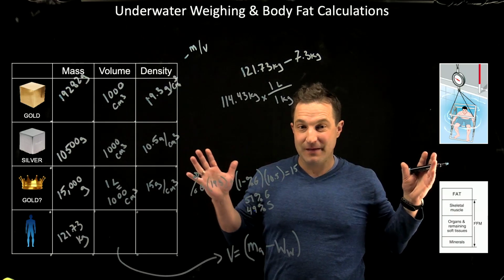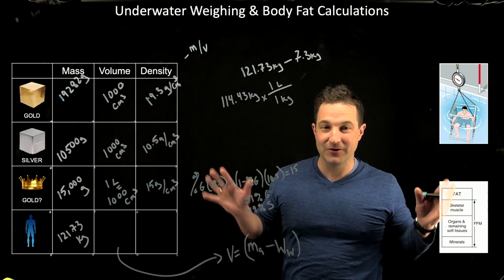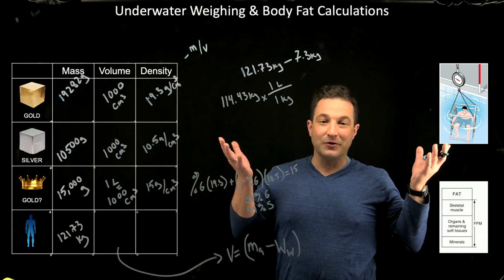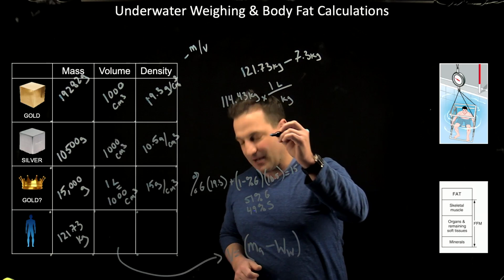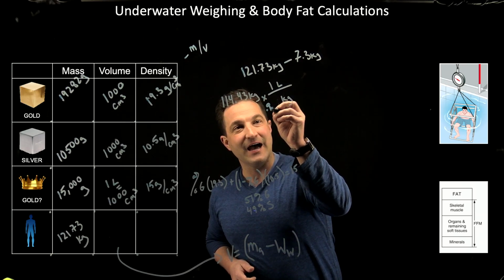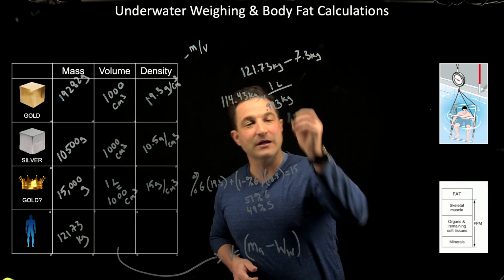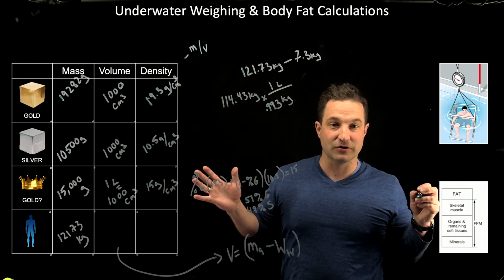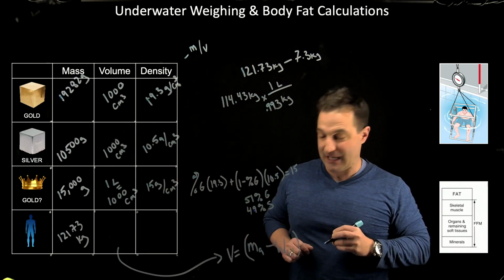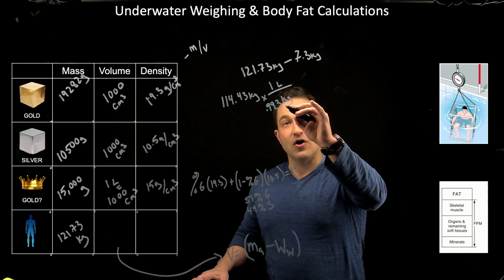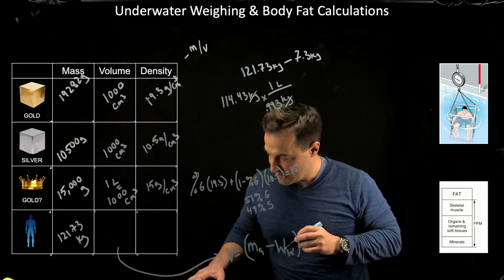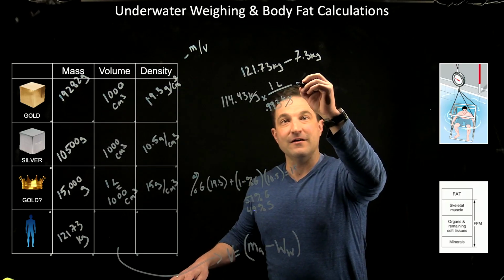So if we want to make our participants a little happier, we're going to need to raise that water temperature up, and this 1 kilogram becomes about 0.993. And this is going to be dependent on the water temperature that you're using. So I'm just using the example that's in your textbook. Now, if we do this, our kilograms cancel out nicely, and what do we get for a volume?